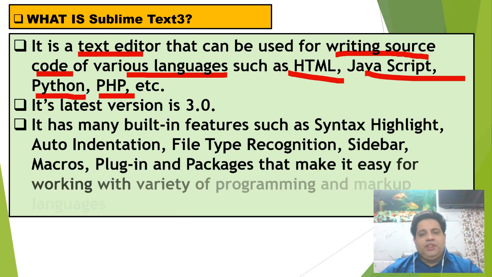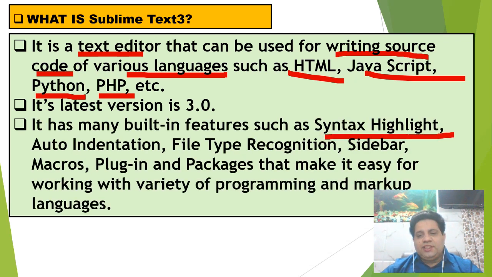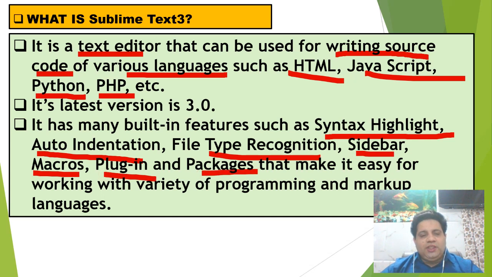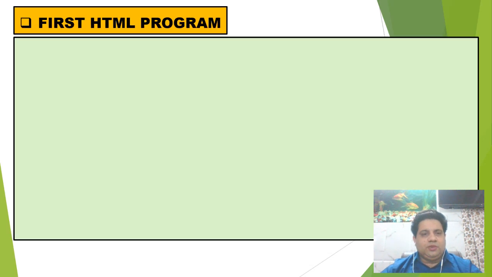It has many built-in features such as syntax highlight, auto indentation, file type recognition, sidebar, macros, plugins, packages that make it easy to work with a variety of programming and markup languages. So I recommend using Sublime Text 3 for writing HTML programs instead of the simple Notepad text editor.